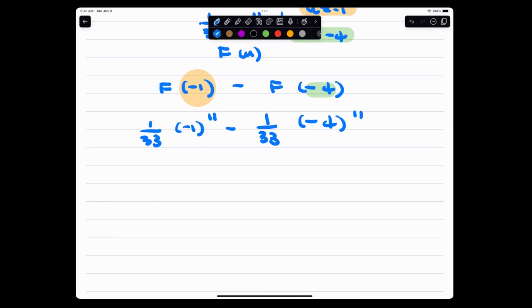If I focus on this -1 to the 11th, well, that gives -1 over 33, and then this is minus what? What's -4 to the 11th? Do you guys know?